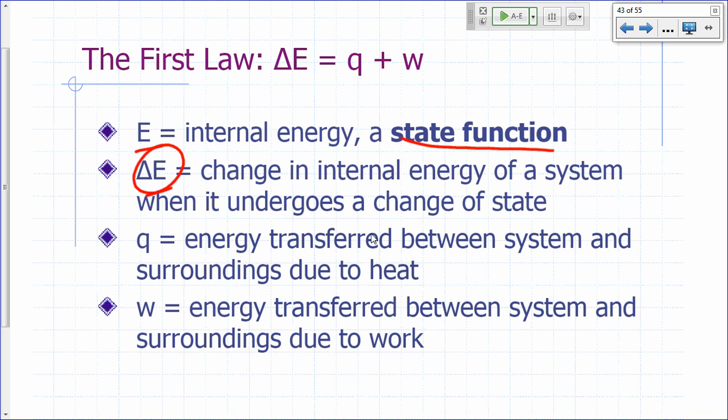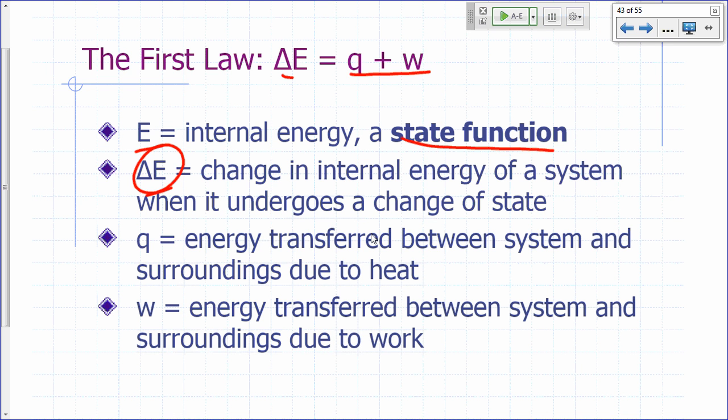Okay? And what we're saying is, the first law says delta E is equal to Q plus W. What that means is this. If a system undergoes a change from one equilibrium state to another, then if you add up all the Q's and the W's that are involved during that change, that will give you the change in the internal energy.